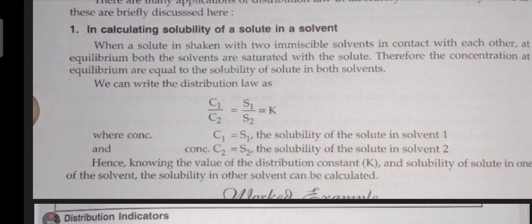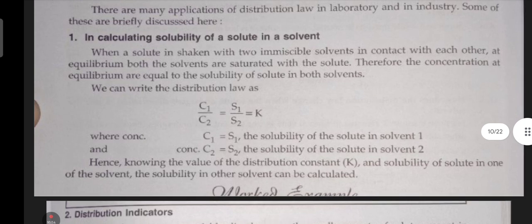Therefore, the concentrations at equilibrium are equal to the solubility of the solute in both solvents. We can write the distribution law as C1 upon C2 is equal to S1 upon S2 is equal to K, when C1 is equal to S1 and C2 is equal to S2.